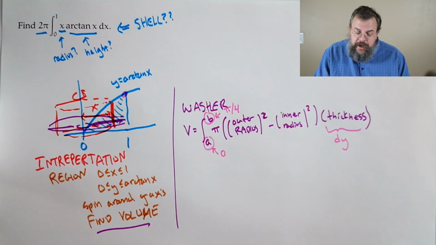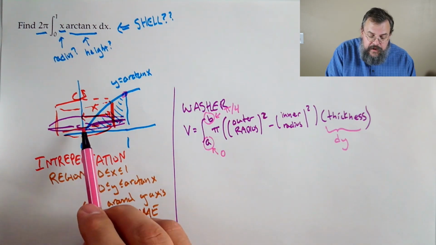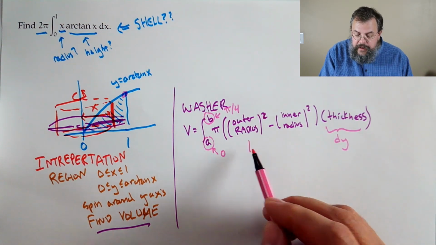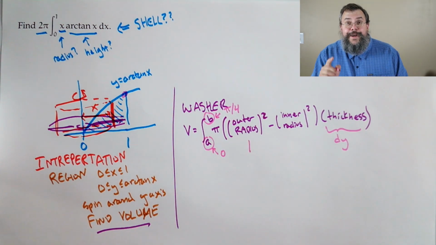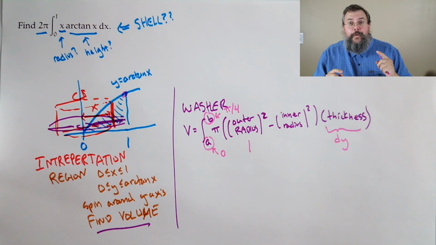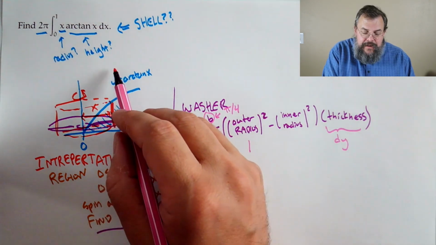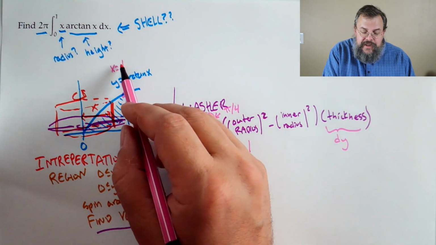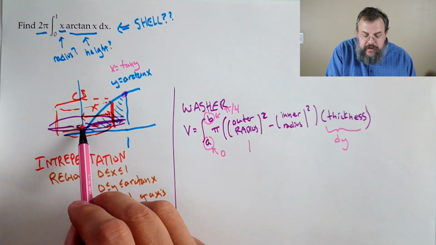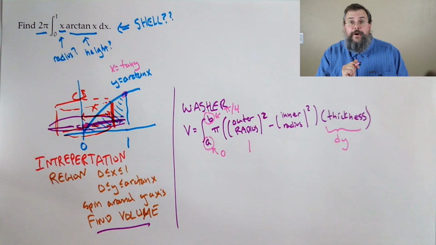Now, what about our outer radius? Well, that's from 0 to 1, because it's always 1. So that's 1. That's easy. What about our inner radius? And here's where things get fun. Y equals arctangent of x means x equals tangent of y. So our inner radius, this little space here, is tangent of y.